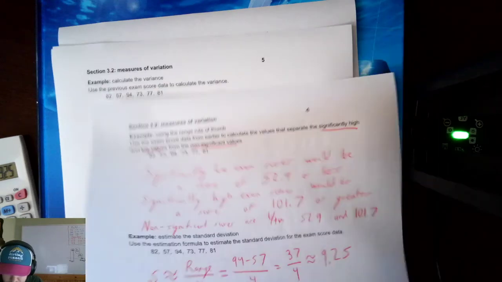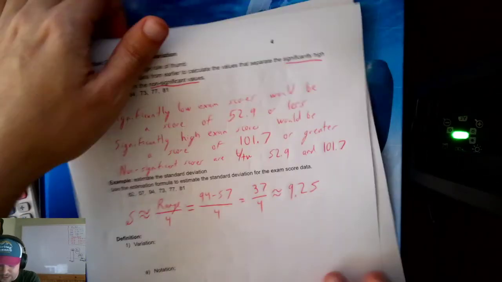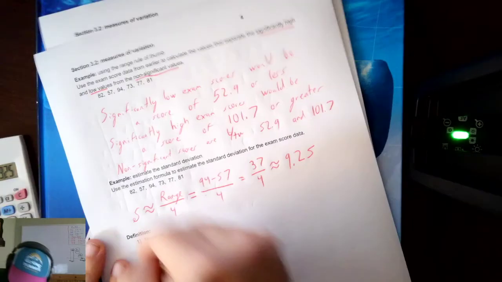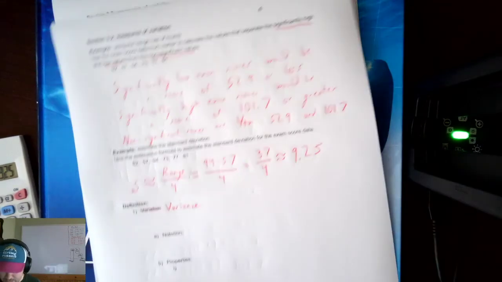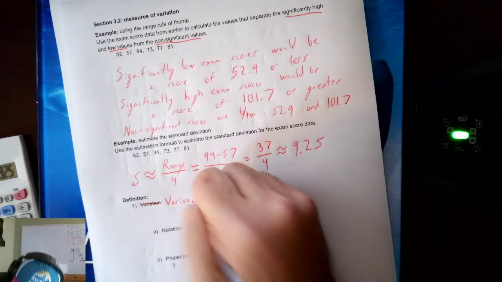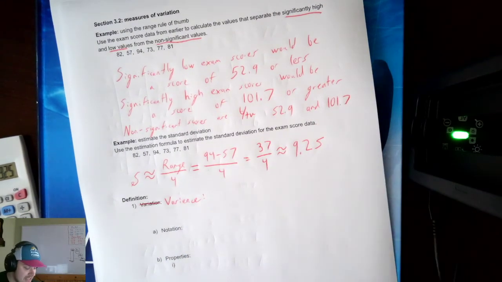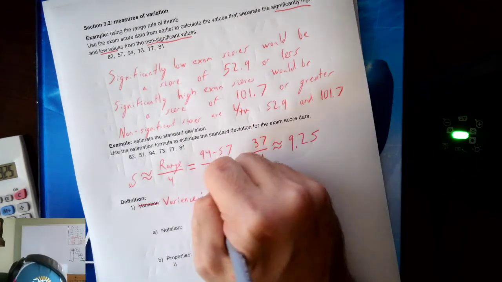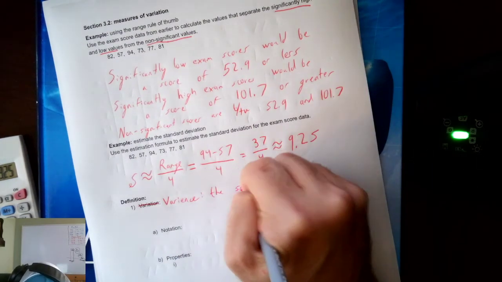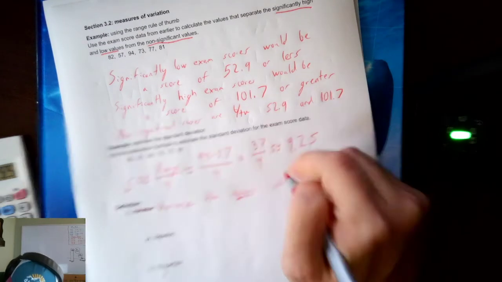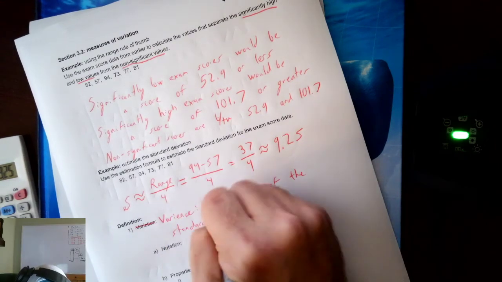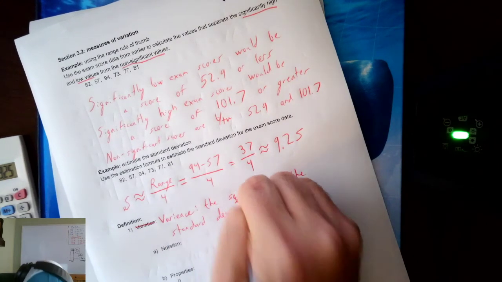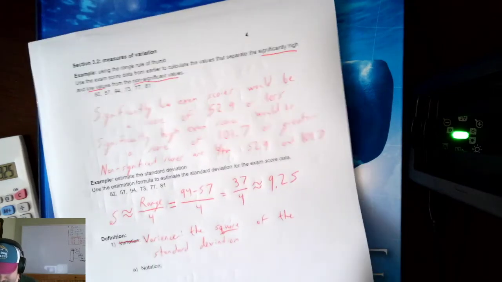Now, next, we have the variance. Small typo, probably autocorrect. The variance in an equation is the square of the standard deviation.